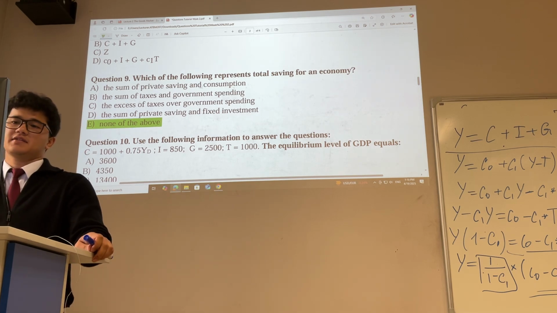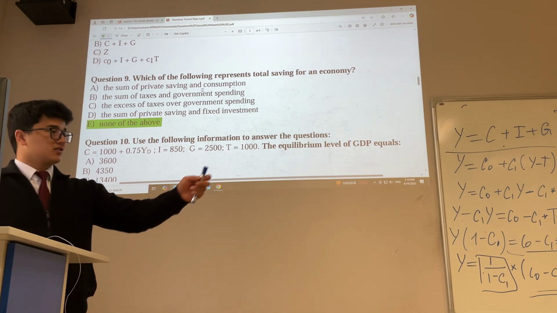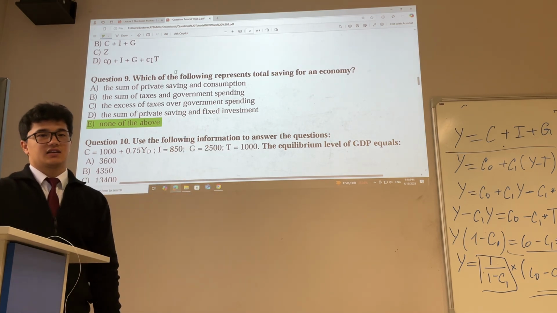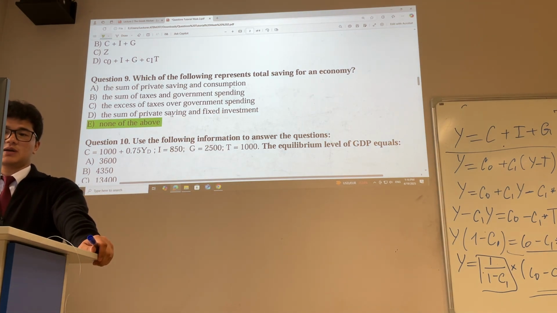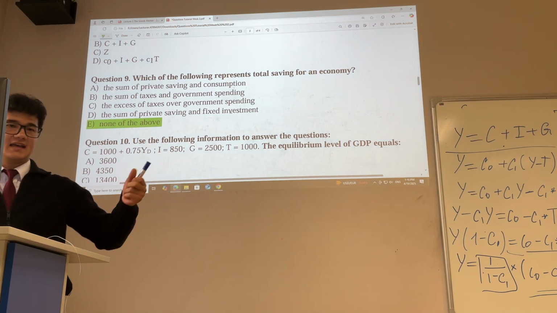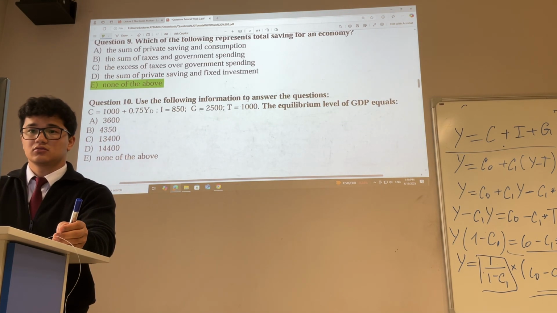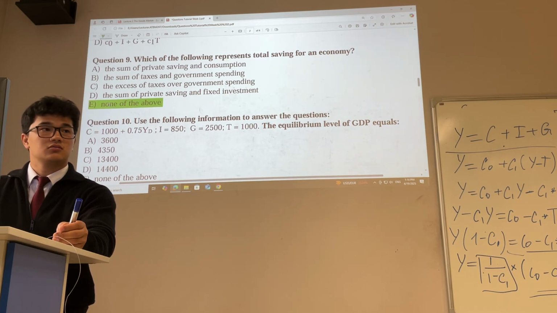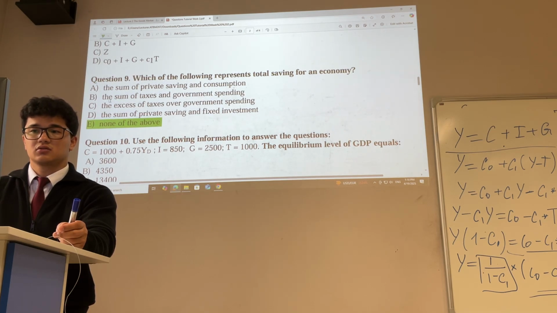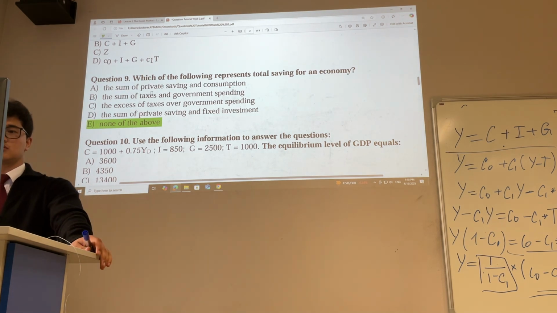Because the sum of private savings and consumption, no, they are not considering public savings here in A. Also D, the sum of private savings and fixed investment, they are also not considering public savings. So the correct answer is taxes minus government spending, it should be. No, the sum of private savings and public savings, right? Yes.